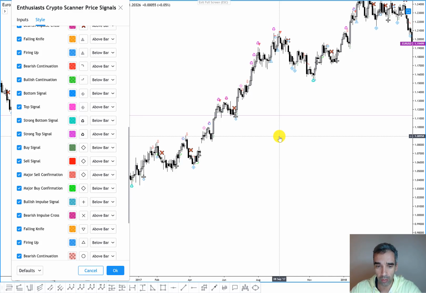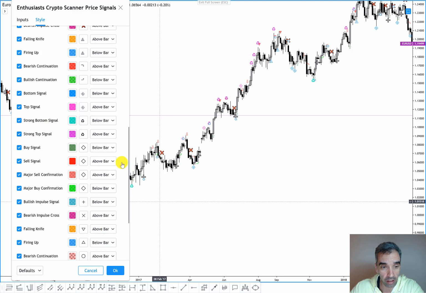Some guys that we have in our group, they use 5, 15, 20 and 1 hour. Some guys use 3, 5, 15 or 3, 5, 10, 30 minutes and 1 hour. It depends, you have to create your own strategy for this. Okay, guys. So with that being said, this is a strong bottom signal and strong top signal.